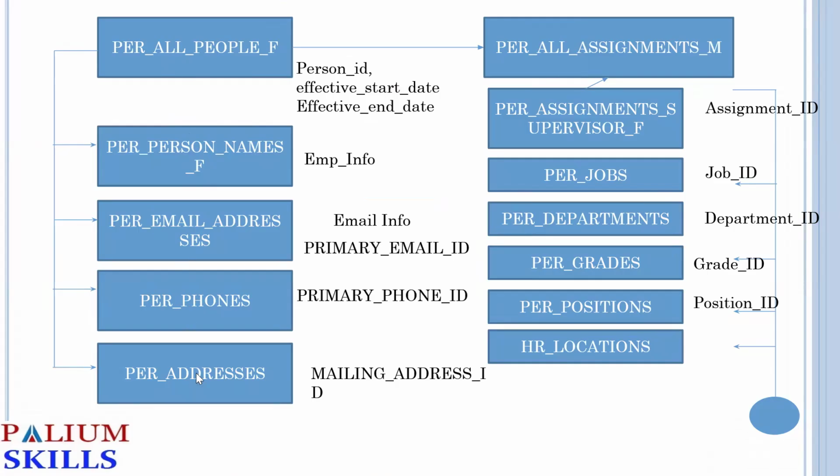I want their addresses, phones, then I need to join all 5 tables. Similarly, if I want their assignment, I will need to join their assignment tables. Often the queries that we write join 12, 14, 20 tables, sometimes 30 tables also. The number of tables will depend on what information is required and how we are writing them.